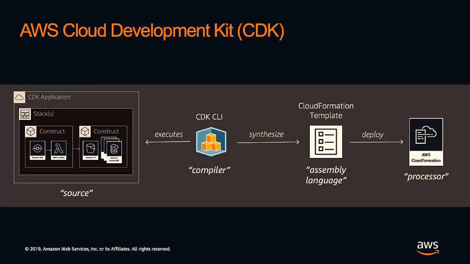It's still AWS CloudFormation, which then takes that template, processes it, and deploys all of the infrastructure. So we've not created anything new to do the actual deployment. All we've done is created this new interface so that you don't have to write just YAML or JSON. You can now start writing your infrastructure in C# or all of the different languages that we support.